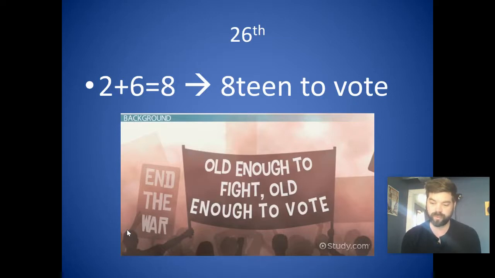So they're serving in a war zone, but they come home and they can't vote. Doesn't make much sense. So this now lowers that voting age from 21 to 18. Okay. 2 + 6 is 8. If you see the 26th Amendment, I know this is probably not the best memory aid, but 2 + 6 is 8, 18 to vote.